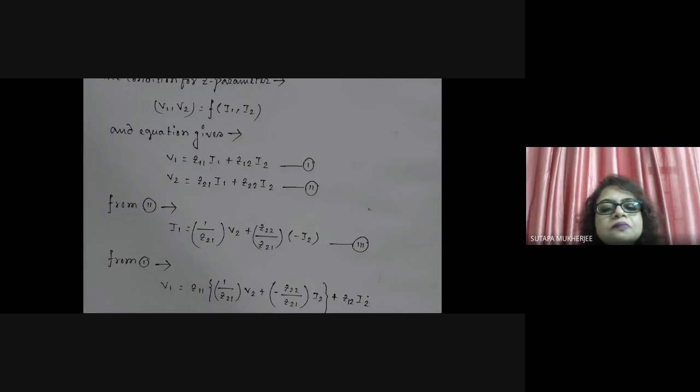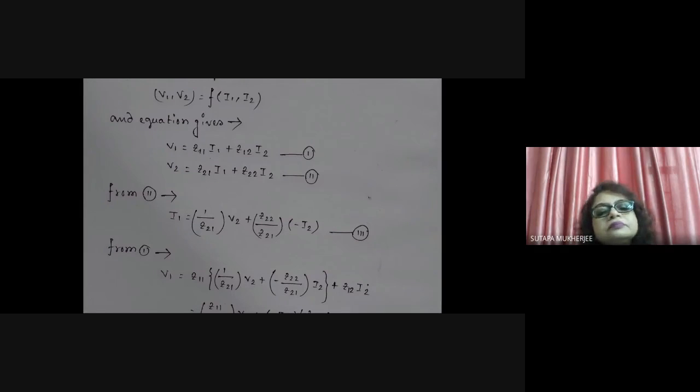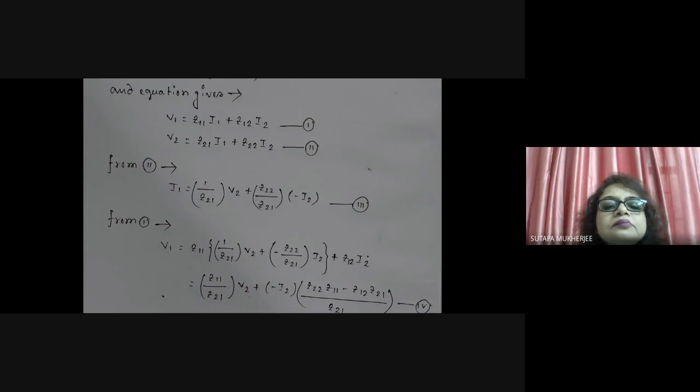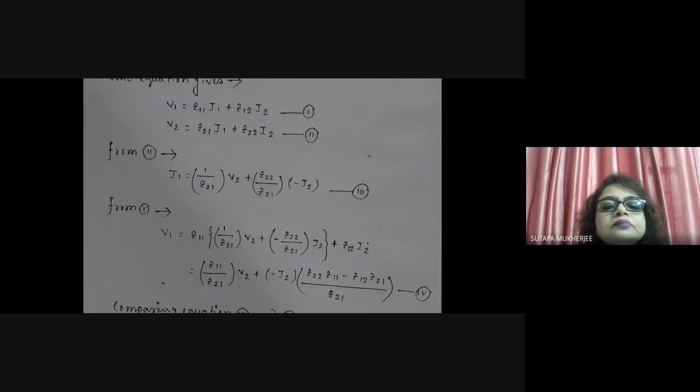So from the second equation I found the value of I1. Then I put that I1 value into the first equation: V1 equal to Z11, and in place of I1 I put 1 by Z21 into V2 plus Z22 by Z21 into minus I2, and along with that plus Z12 I2.